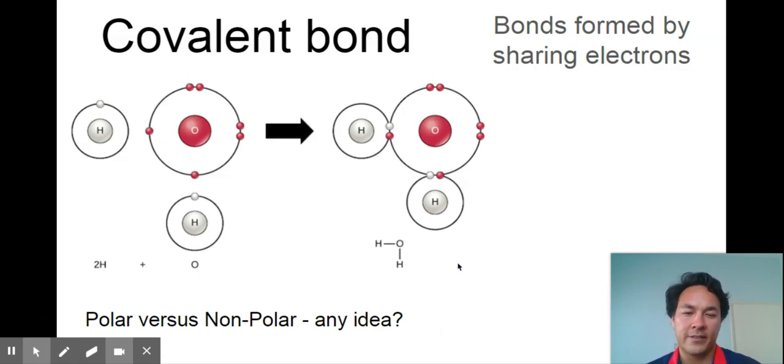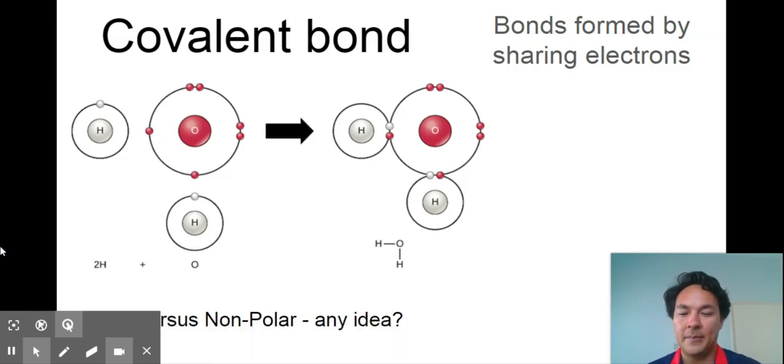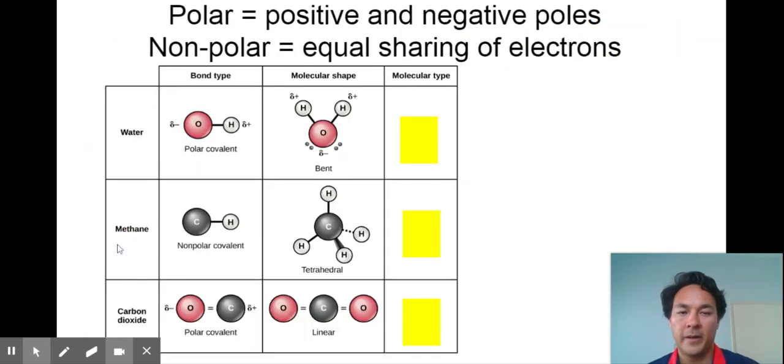So now here's an interesting question. Do they share evenly? By that I mean, is this polar or nonpolar? Do you have any idea? Well, the way you can think about it is just polar means it has poles. It has positive and negative ends. And so oxygen is a larger element. It has 8 protons on the inside, whereas hydrogen only has 1.